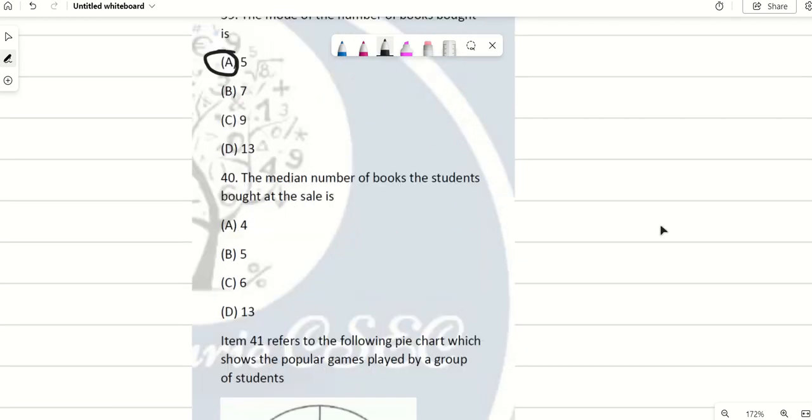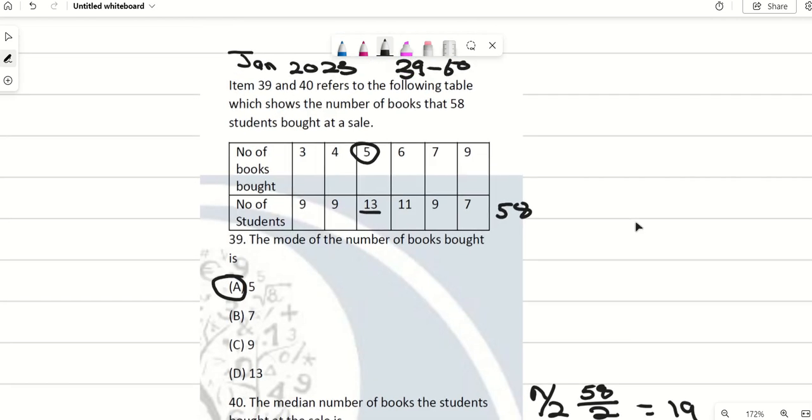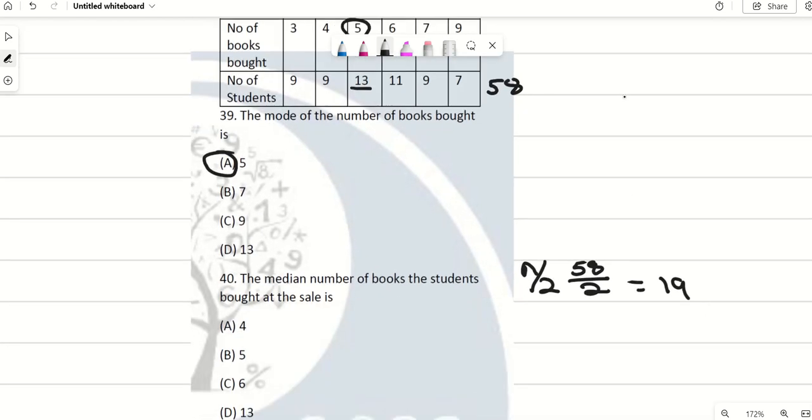Number 40 says the median number of books a student bought at a sale is. So we know median will be n divided by 2, which is 58 divided by 2, which is 29. So we want the 29th student. Where is your 29th student?